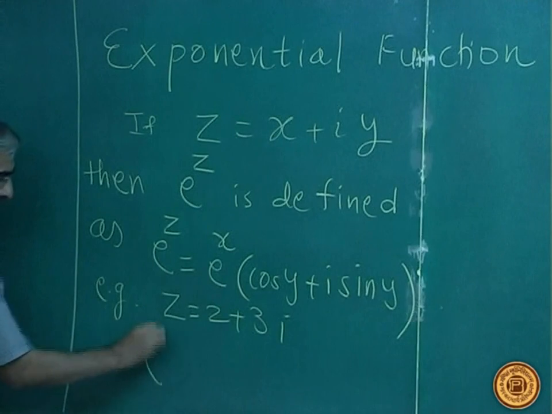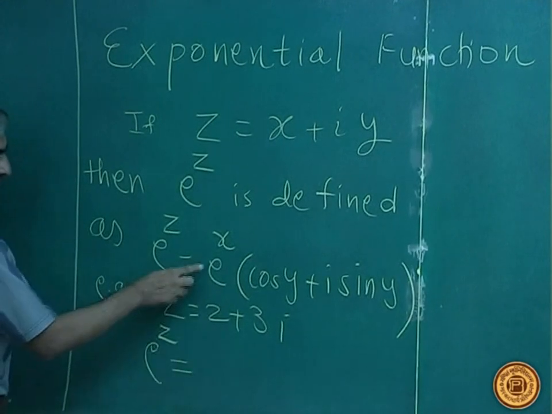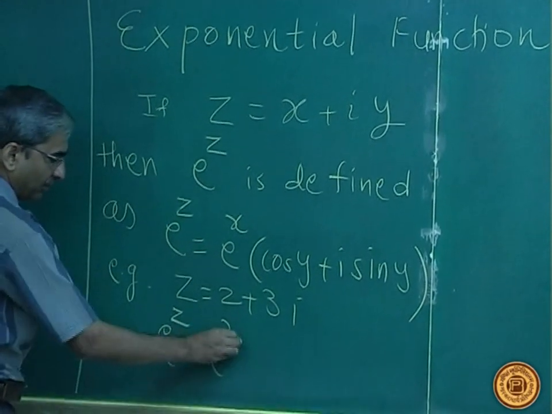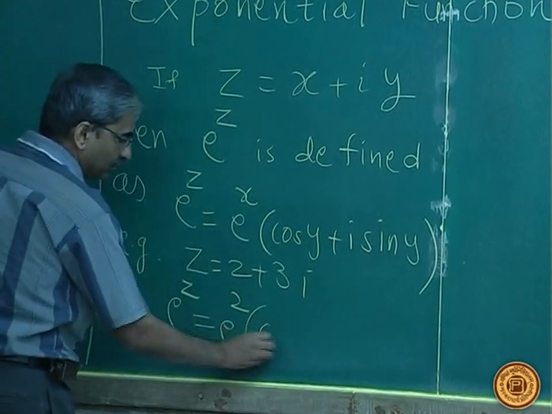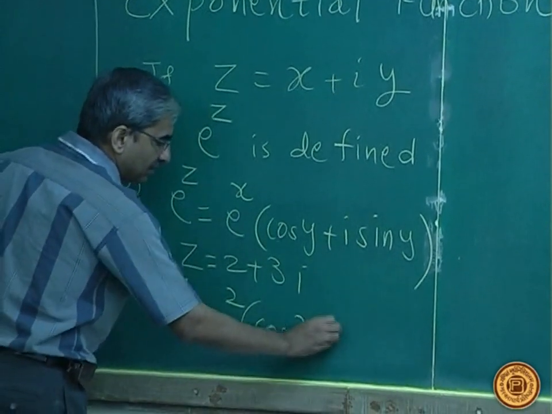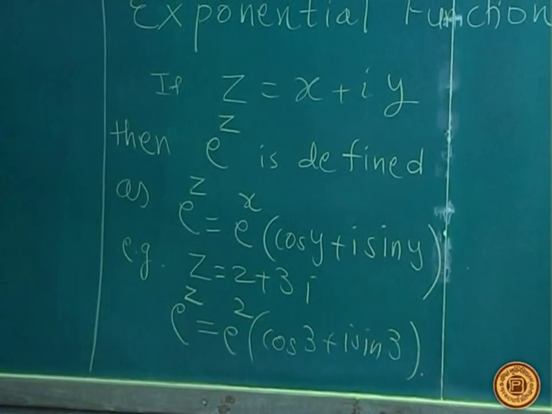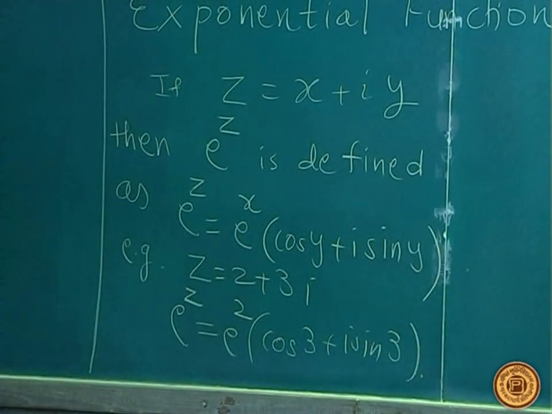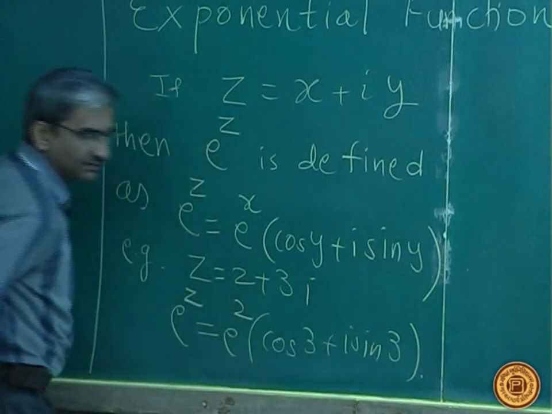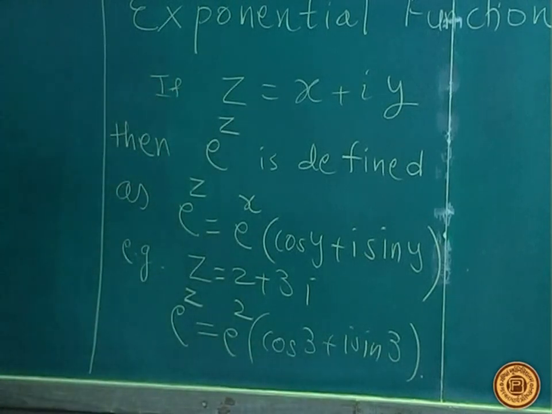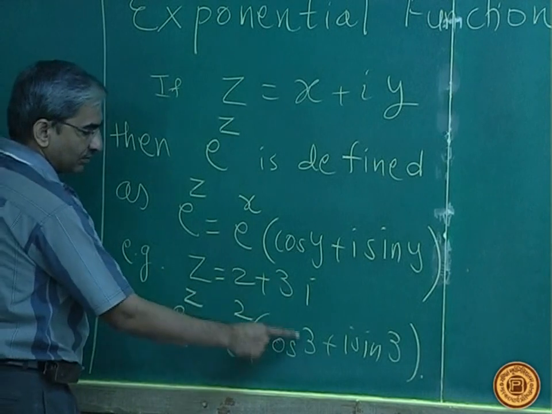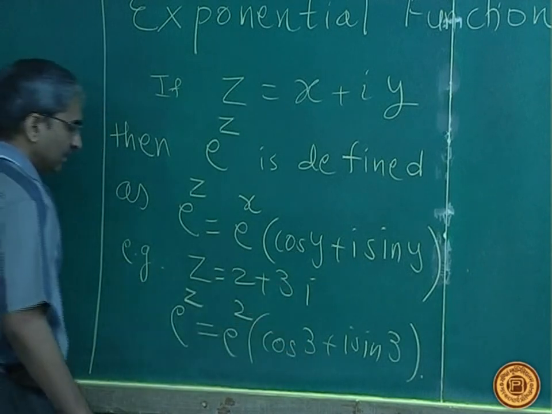What will be e to the power z? e to the power x, that is e to the power 2 into cos 3 plus i sin 3, where 3 is in radians. So this x goes here, y goes here.